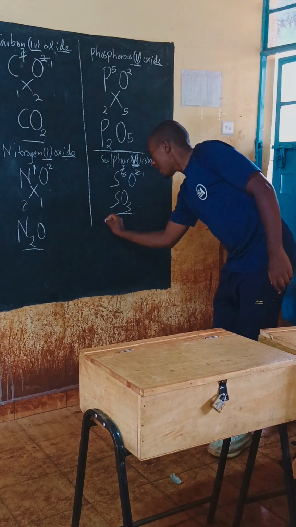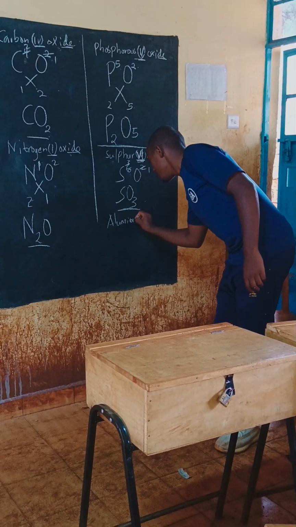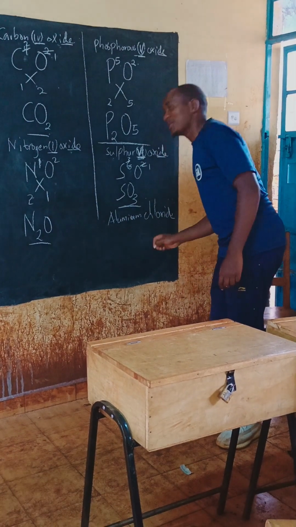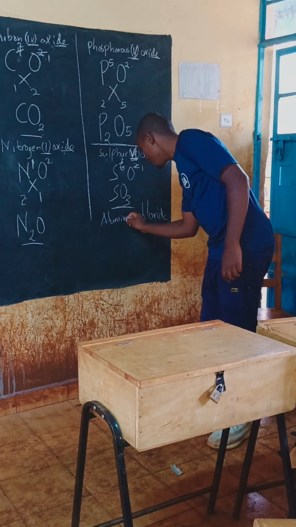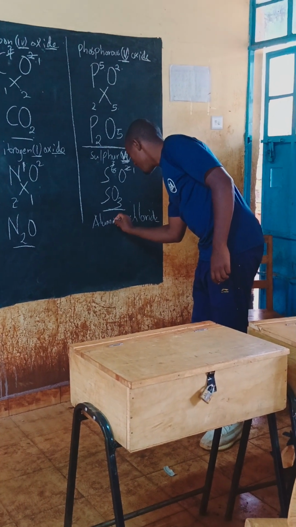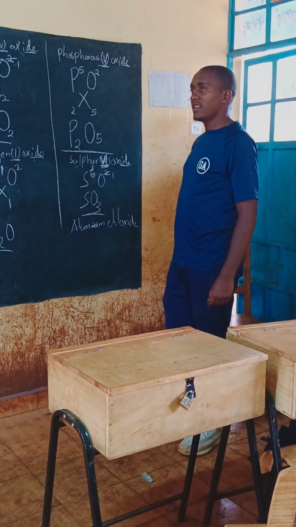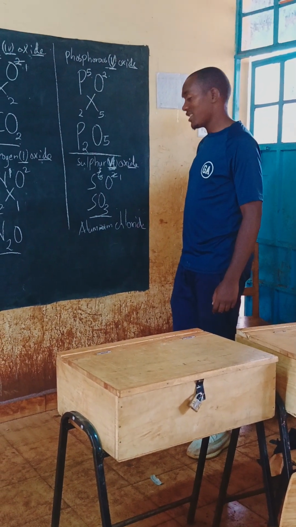Finally, I do aluminium chloride. Aluminium is 2:8:3, number 13. So aluminium is in valence 3, 2:8:3, loses 3 electrons.